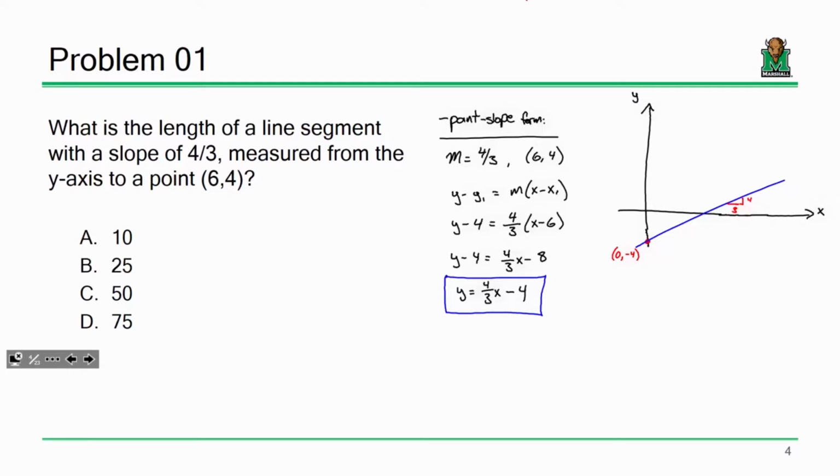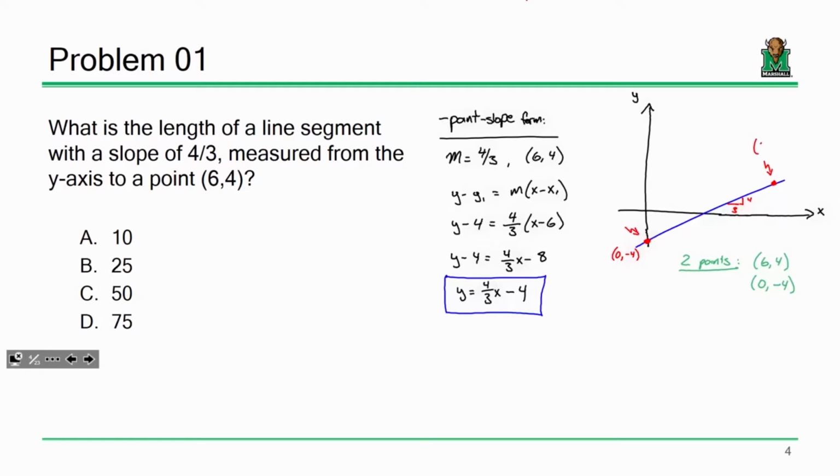Well, I propose to you that my 2 points are 6, 4 and 0, minus 4. What I'm really after is the distance from this point to a point somewhere over here.